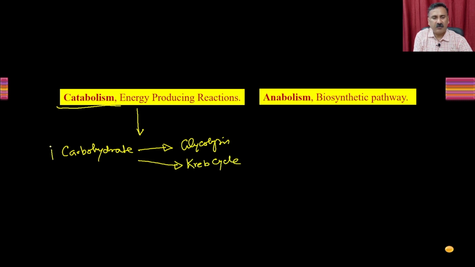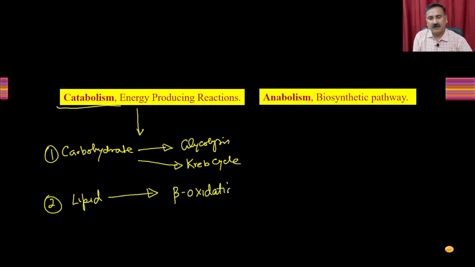Apart from carbohydrate, the other biomolecule mainly used for energy production is lipids. Lipids undergo energy production in a series of reactions collectively considered under beta oxidation, and beta oxidation is also linked to the Krebs cycle.